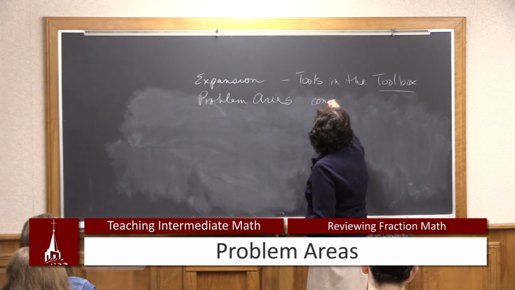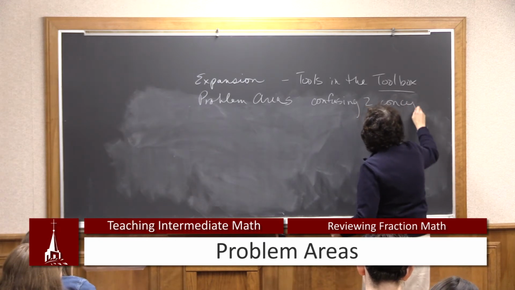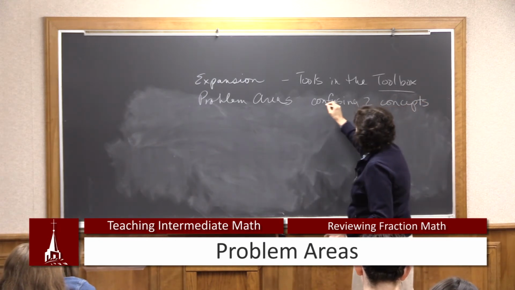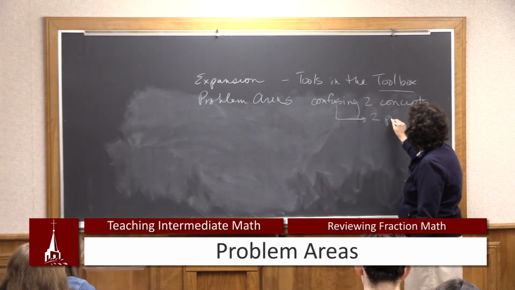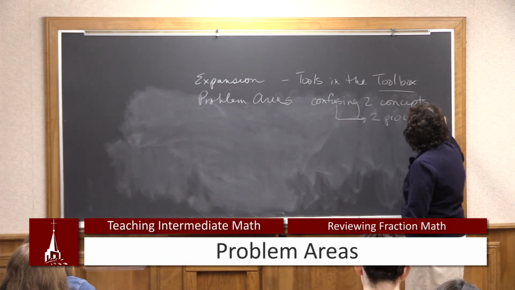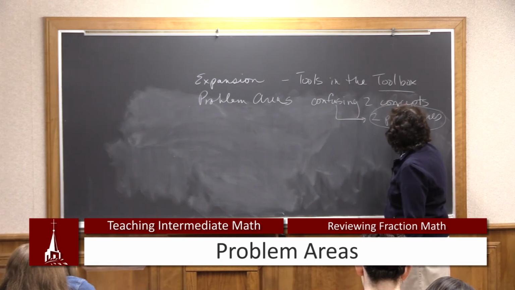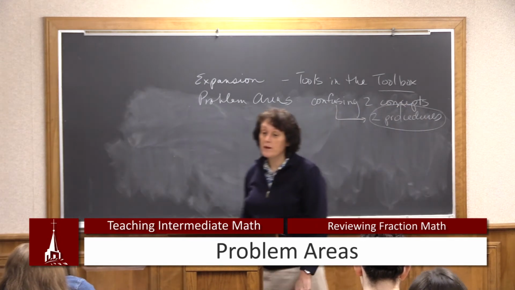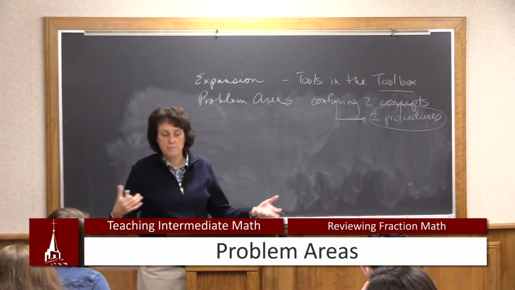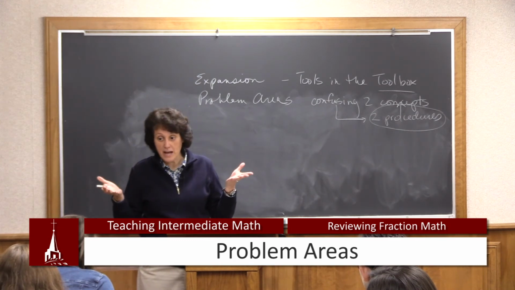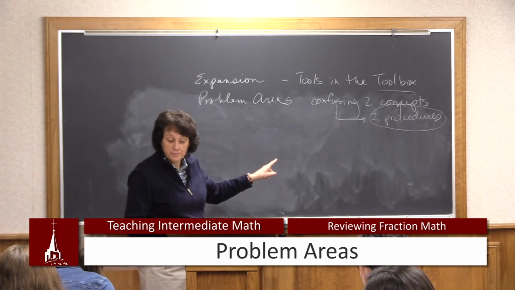So often we will deal with confusing 2 concepts, which is normally seen when we confuse 2 different sets of procedures. So if we're confusing 2 procedures, we are missing the concept. So problem areas when the procedure becomes difficult, confusing, lots of steps, bigger numbers, higher numbers than our times tables, etc. So problem areas involve addressing confusion, okay?